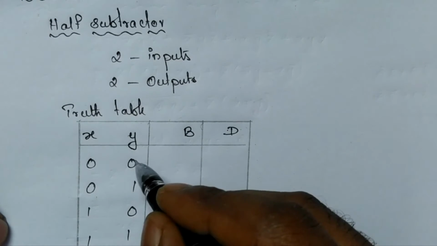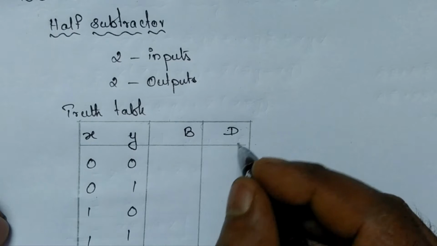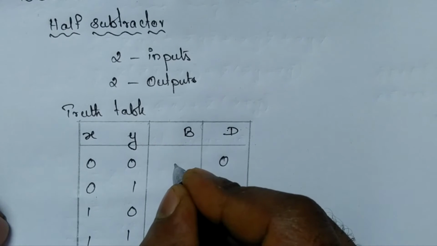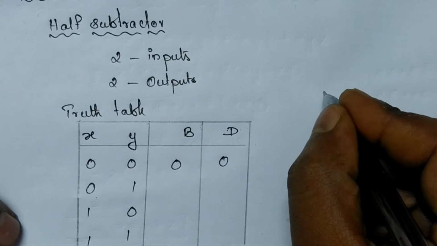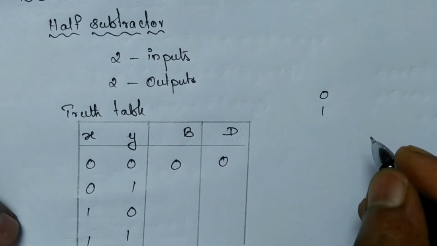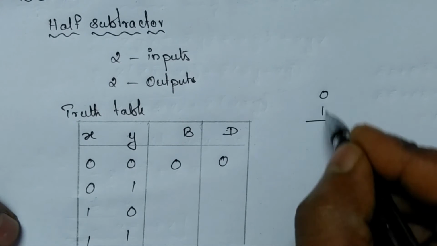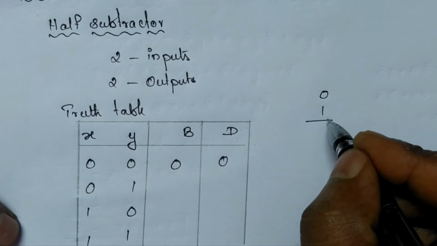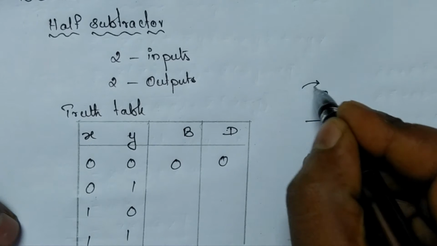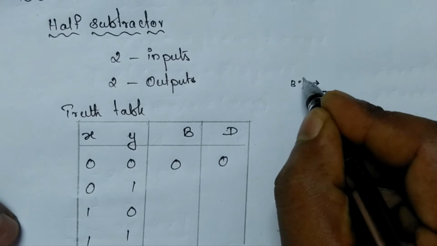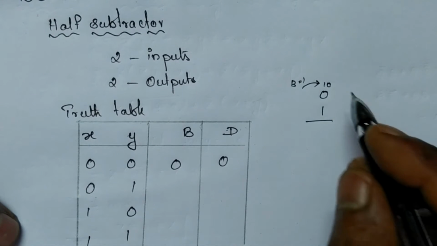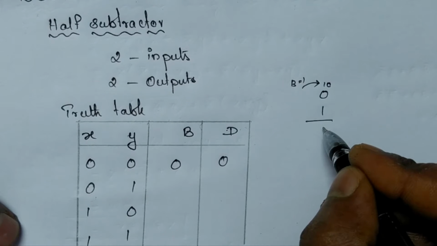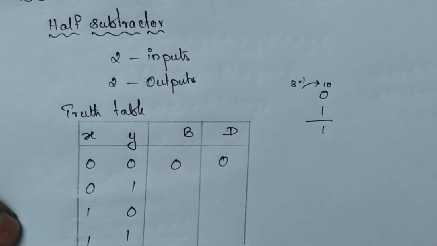If we subtract 0 and 0, the difference is 0 and borrow also 0. For the second one, 0 1, we are subtracting, and it's not possible to subtract. Therefore we will borrow 1, so b is equal to 1. Therefore the value will be 1 0, and 1 0 minus 1 is equal to 1.